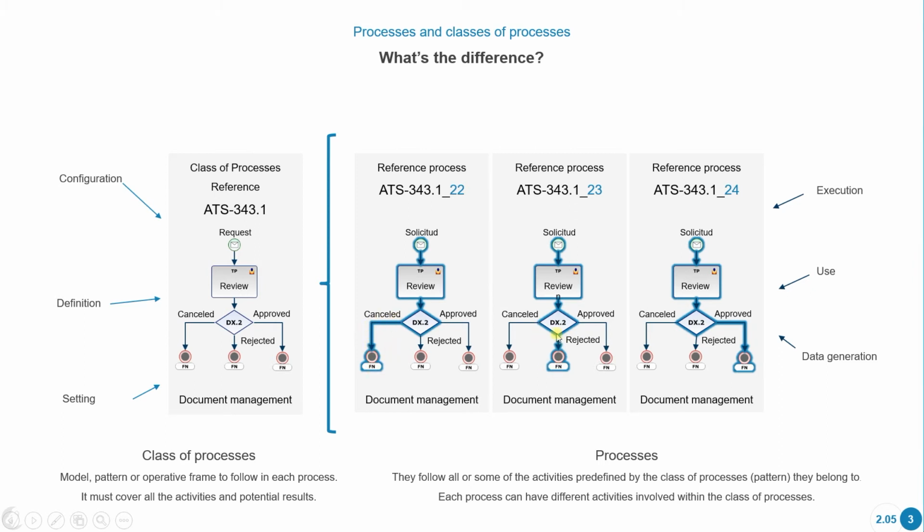The second one went to reject, it has been rejected. And the third one has been approved. As we have seen, there could be lots of different processes, each one following a different path. In execution, we can use the model and generate the data.